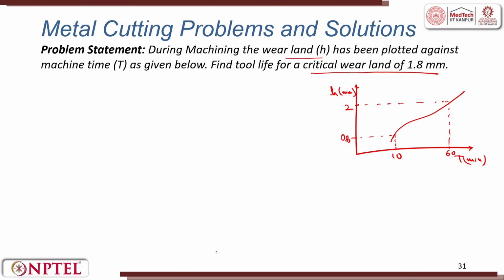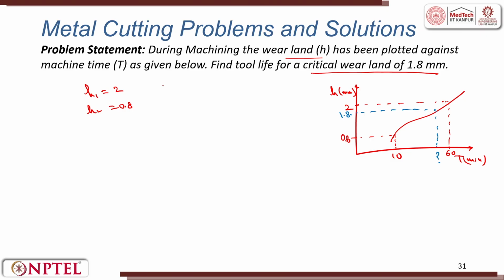Here we can simply calculate, because the intercepts are given, we need to find the tool life at a wear land of 1.8 millimeters. So at the value of 1.8, this we need to find. I have been given H1, H2, this is 2, this is 0.8.